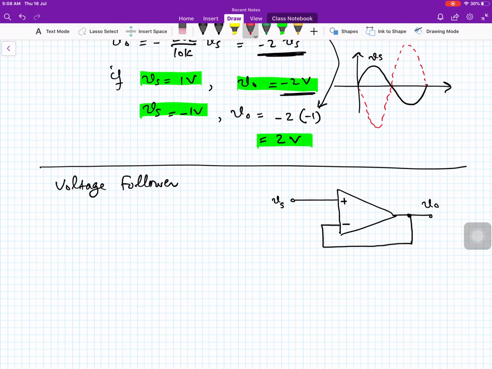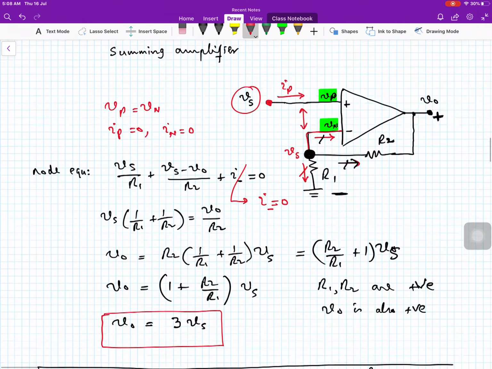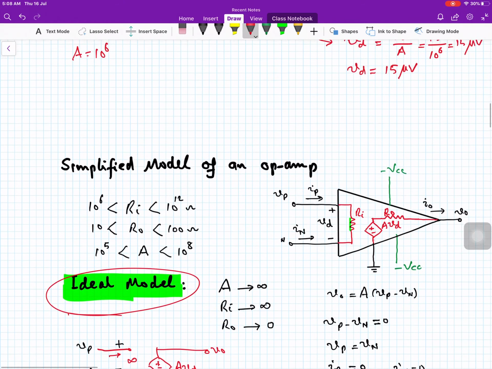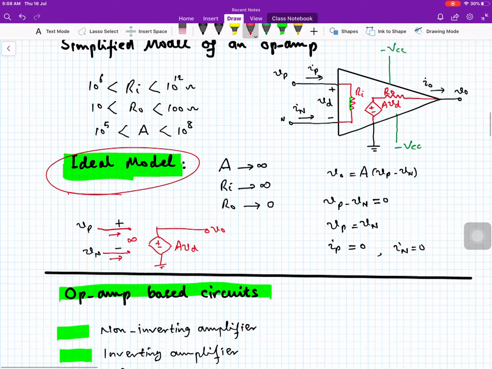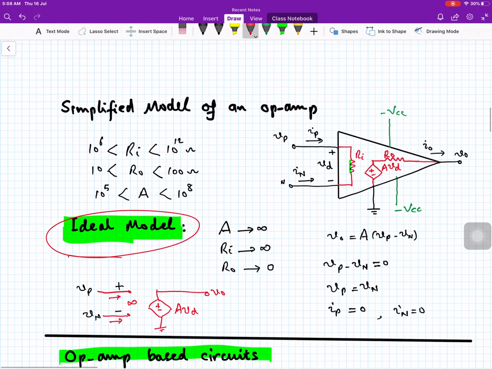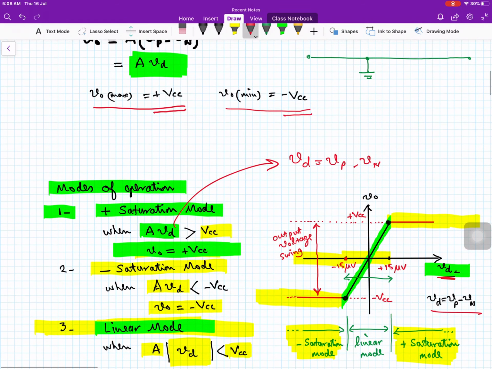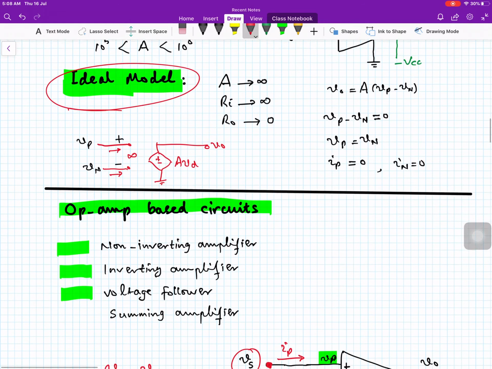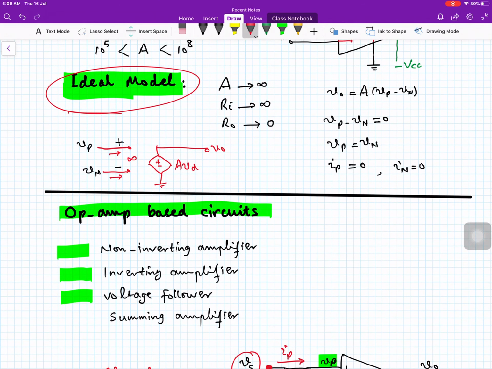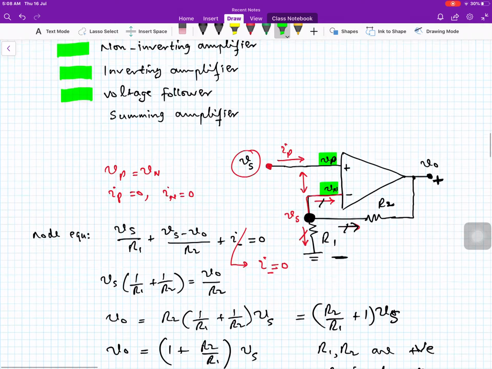As we have said before, in the ideal model of the operational amplifier, Vp minus Vn is equal to 0, or the voltage at the inverting input Vn is equal to the non-inverting input, and the currents entering the inverting and non-inverting inputs are equal to 0.